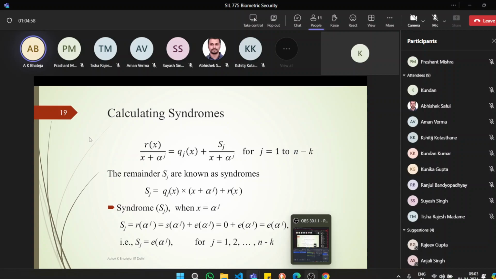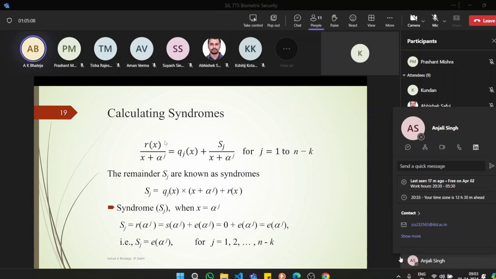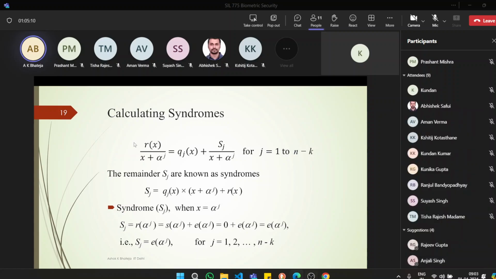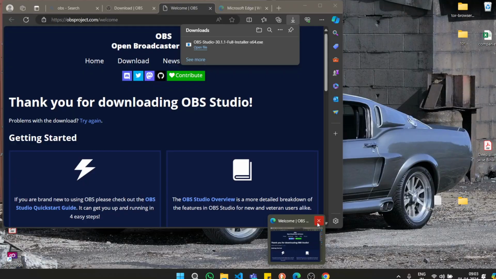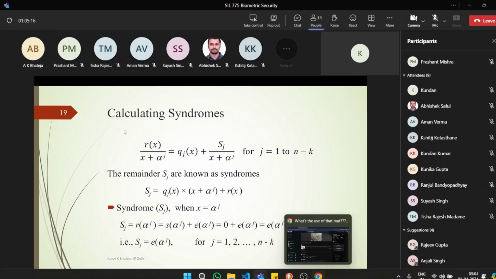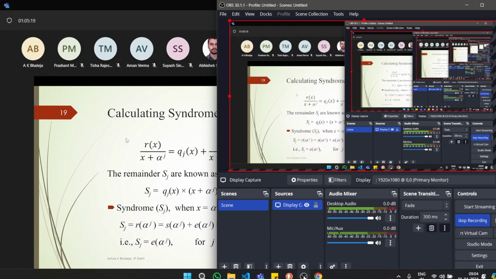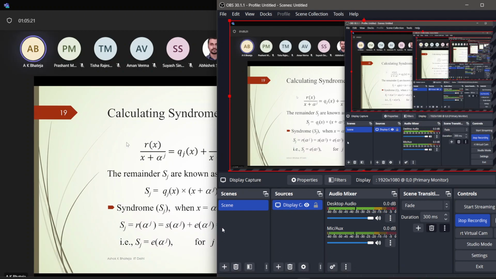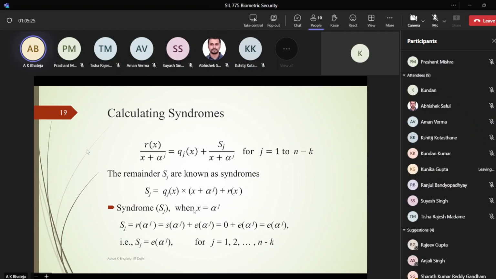So divide R(x) by each factor, that is x plus alpha to the power j, where j varies from 1 to 2t or n minus k. S_j is the remainder after dividing R(x) by x plus alpha to the power j. The remainders S_j are known as syndromes.